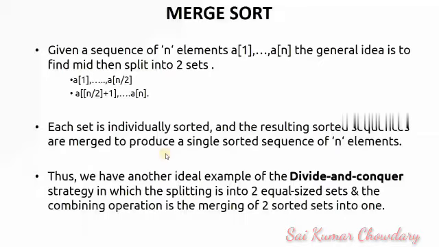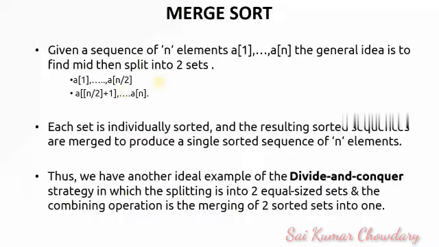Now we'll see what this merge sort is, how it sorts the elements, what the procedure is, everything we will see here. The first statement that I have given is, given a sequence of n elements, that of course starts from a of 1 to a of n, the general idea is to find the mid, that is the middle, then split into two sets.